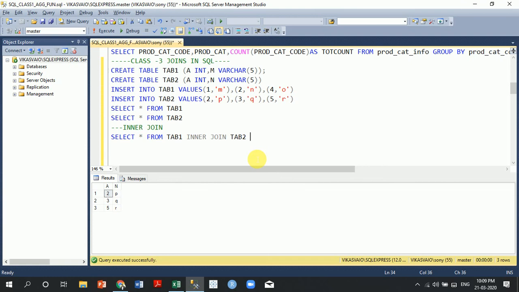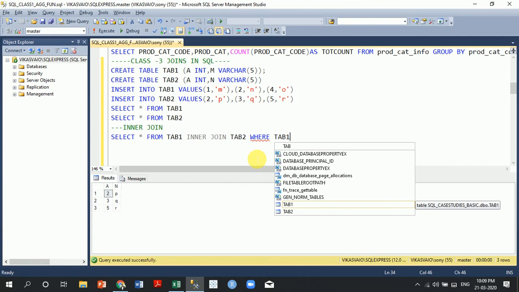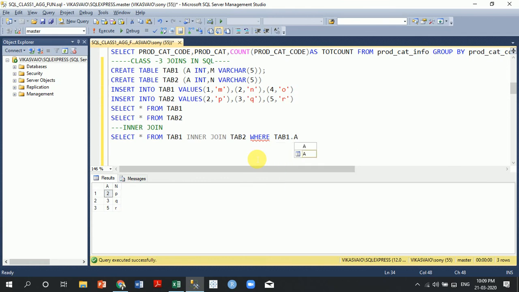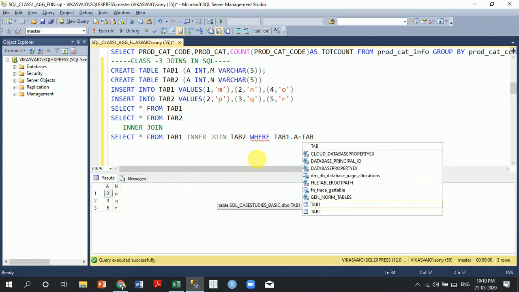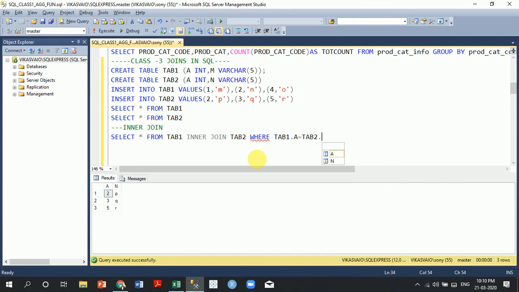In MySQL you can write the where clause, where the first column of tab 1, tab 1 dot a, should be equal to the first column of tab 2, tab 2 dot a, right?